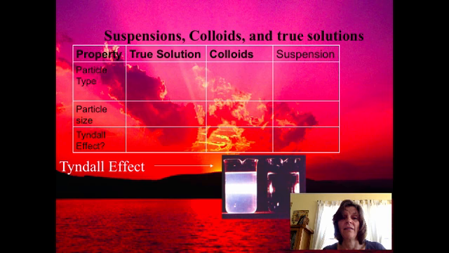All right, finally, a couple more examples of mixtures. We have been talking about true solutions, things that dissolve completely and have very, very small particles. True solutions are when ions are dissolved in water or small molecules like sugars.